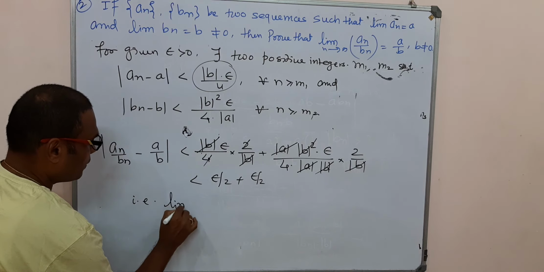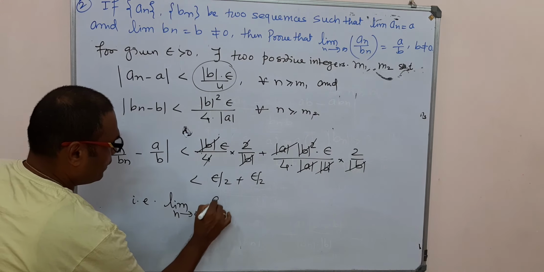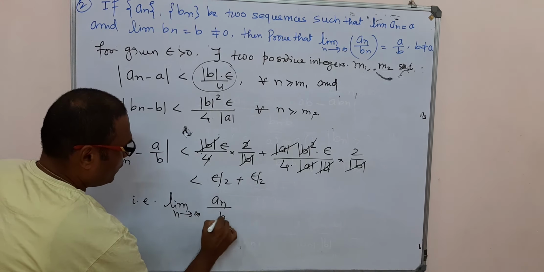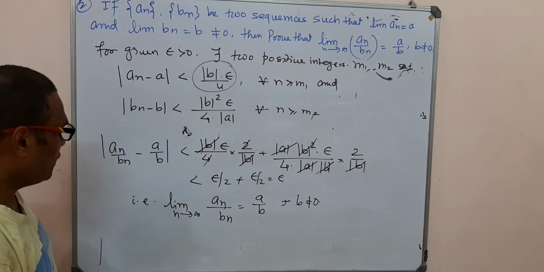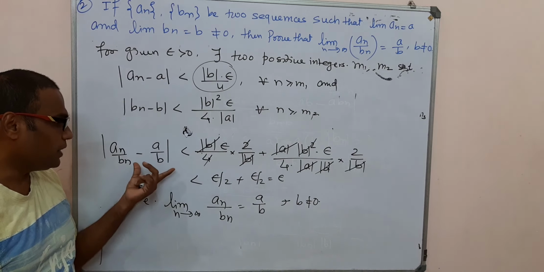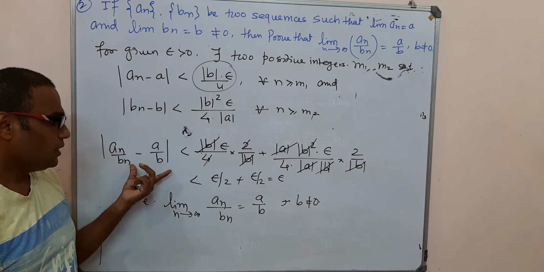The limit as n tends to infinity of an upon bn is exactly equal to a upon b, where b is not equal to 0, because this fulfills the definition of the limit of a sequence.